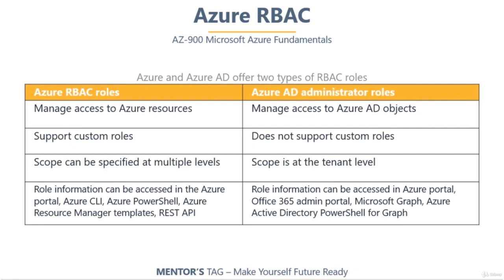If you want to know how to create a custom role, exactly after this video we have a practice lab in which you can create a custom role using PowerShell. A scope can be specified at multiple levels, either resource level or resource group level, and then you can manage this with Azure CLI, PowerShell, ARM templates, or the REST API.